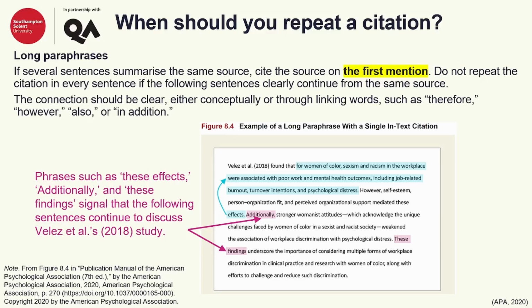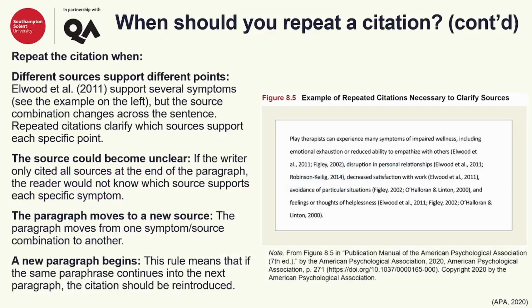However, avoiding unnecessary repetition does not mean that one citation can automatically support an entire paragraph. The source must remain clear throughout. You should repeat or reintroduce the citation when different sources support different points. In the next example, different combinations of sources support different symptoms.